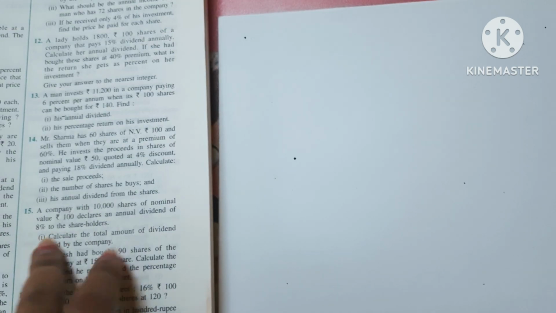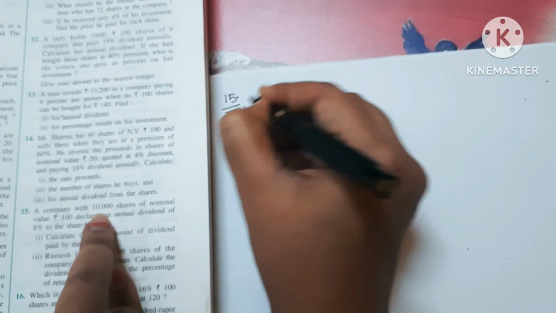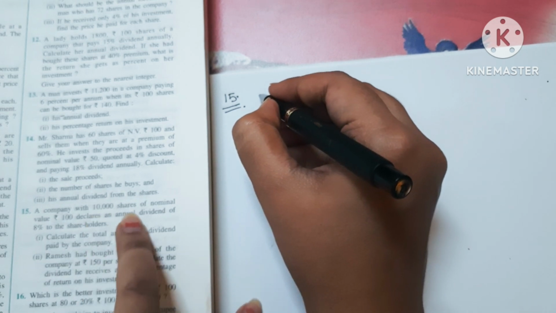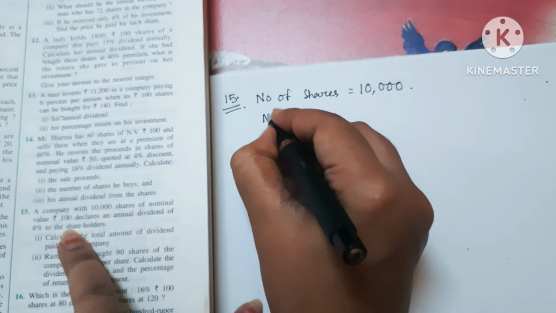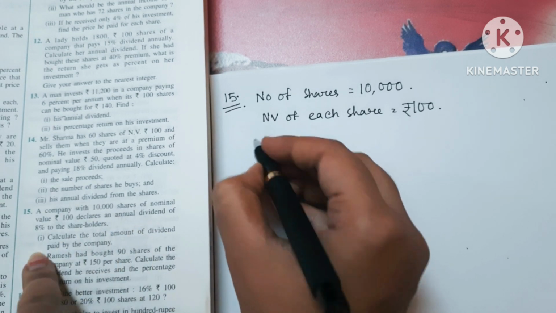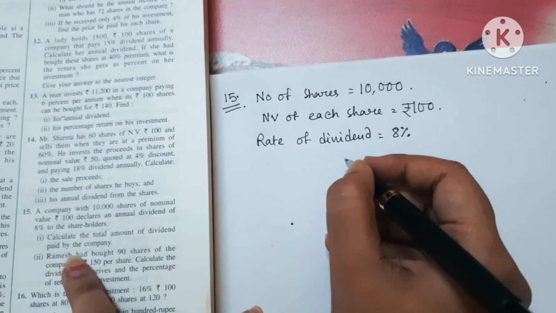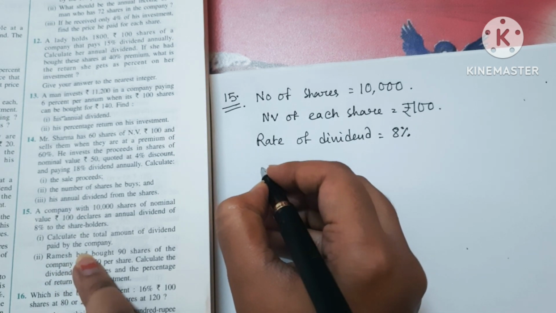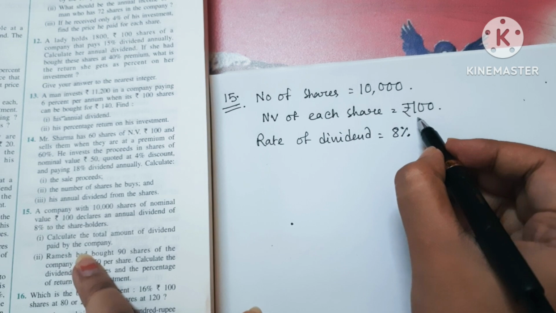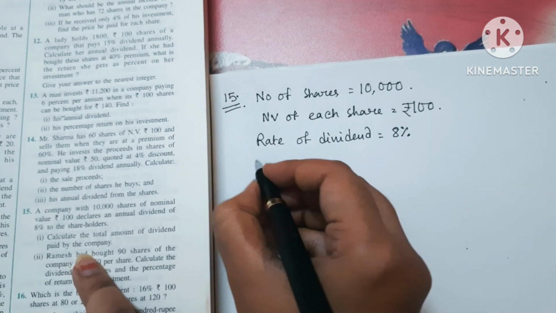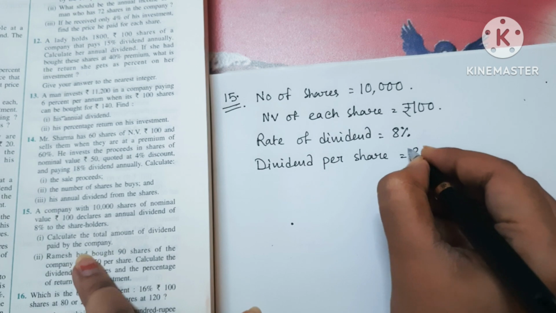Okay, question number 15. A company with 10,000 shares declares an annual dividend. Calculate the total amount of dividend paid by the company. See, nominal value is this one, rate of dividend is this one, that means dividend per share is rupees 8.